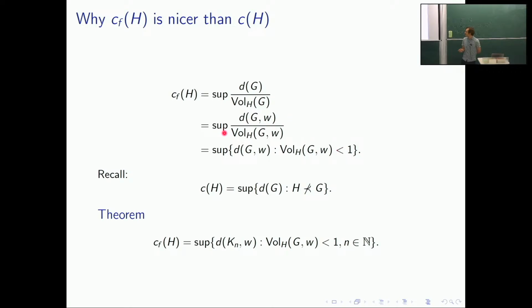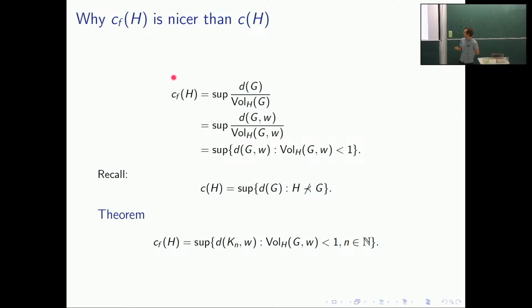And this is easier now because the weight function allows us to do linear scaling. So we can always pick a weighted graph where the H volume has any fixed value we like by just scaling the weight function.